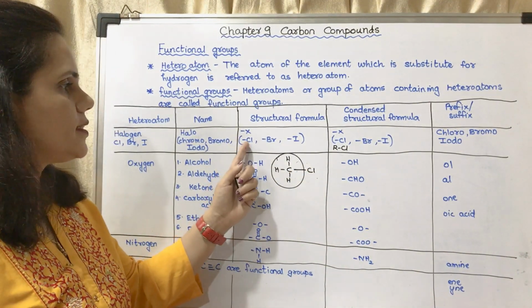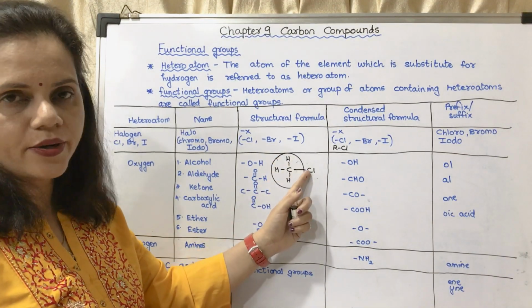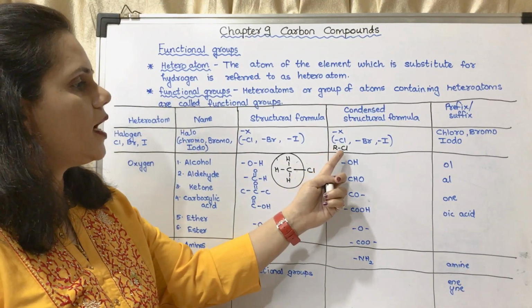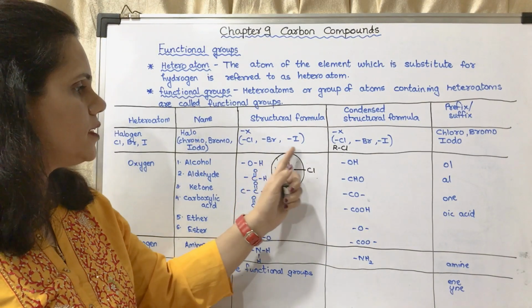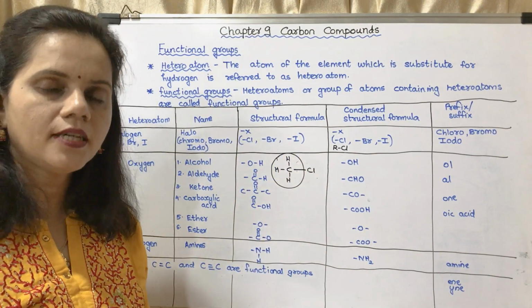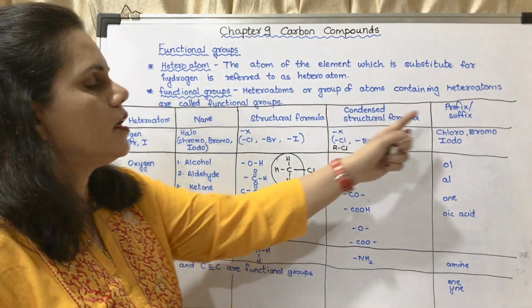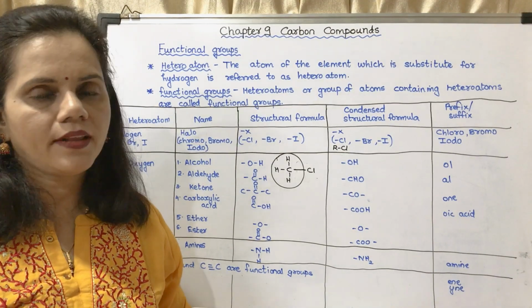So this is the structure: chlorine, bromine, iodine. What will be the condensed structural formula? It will be RCl, RBr, RI. R stands for the group which is present on the other side of that particular halogen. Now what will be the prefix or suffix which is added to the name of that compound?